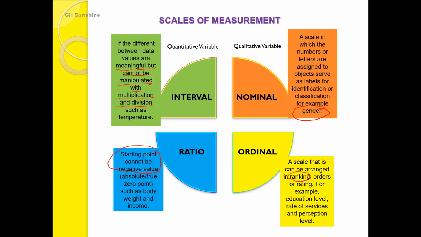So temperature can be negative value? Yes. Negative 100 Celsius. So that one is interval scale. So this one, scales of measurement: nominal, ordinal, ratio, and interval.